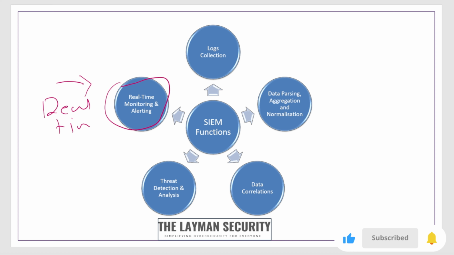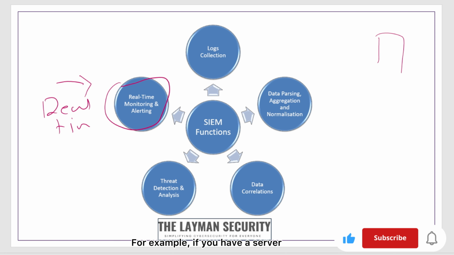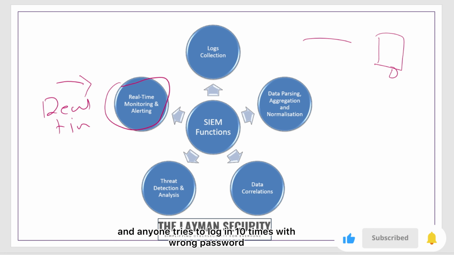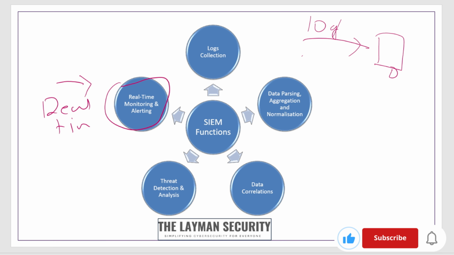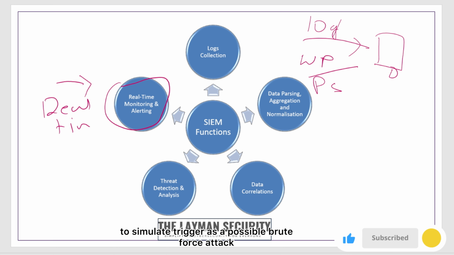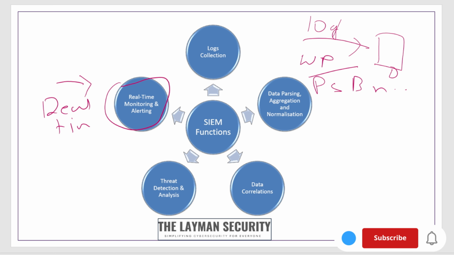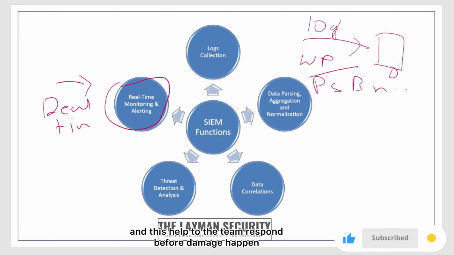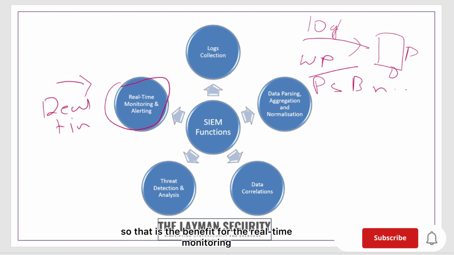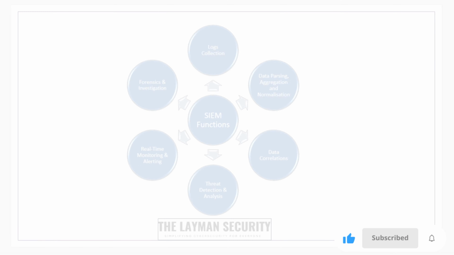For example, if you have a server and anyone tries to log in 10 times with a wrong password, SIEM will trigger a possible brute force attack, and this helps the team respond before damage happens. So that is the benefit of real-time monitoring.